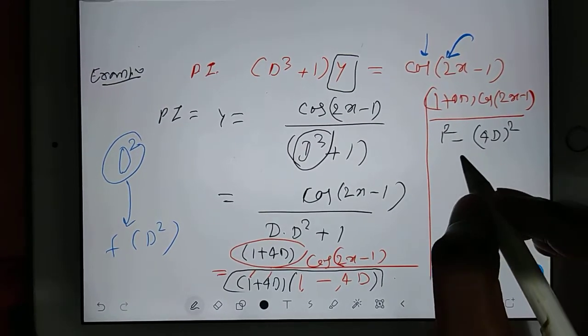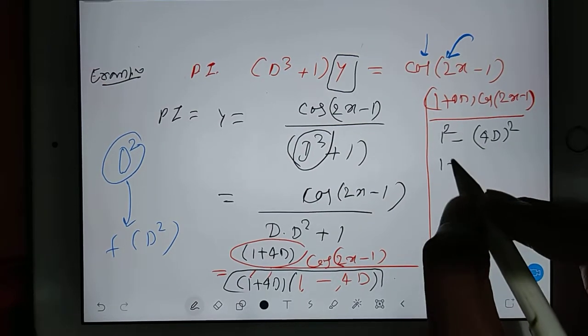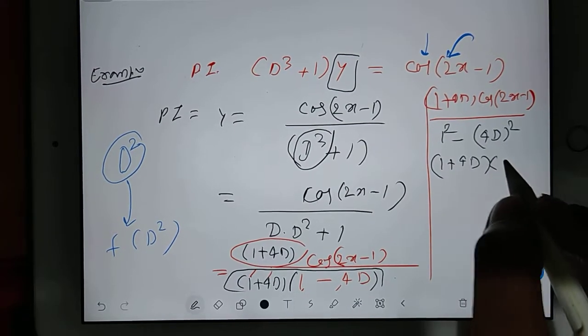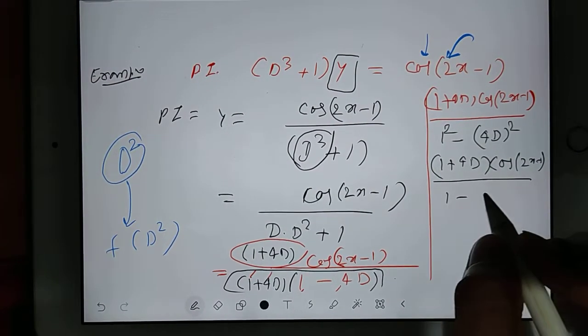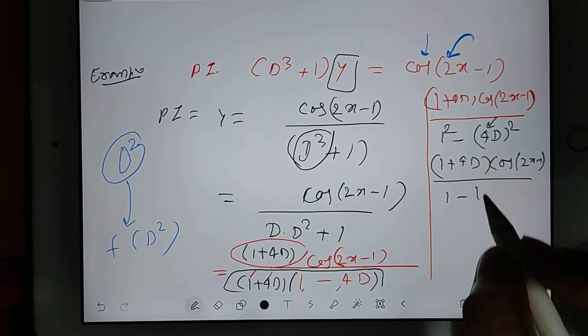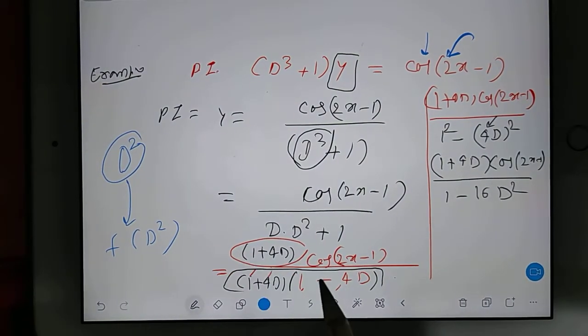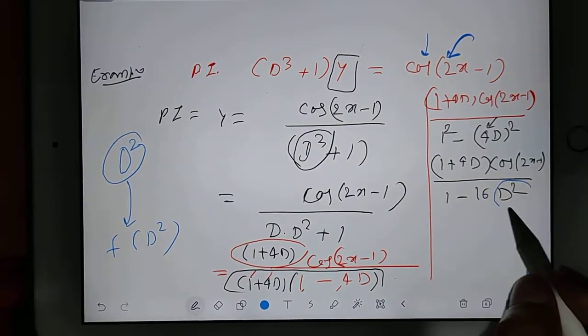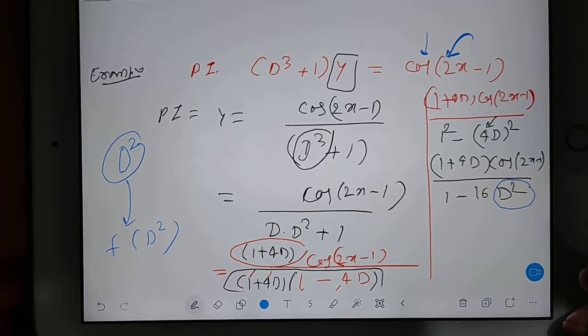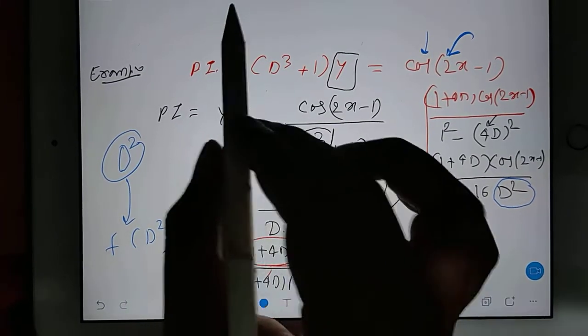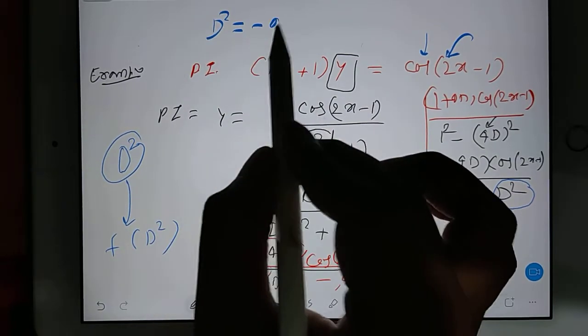So we are getting 1 plus 4d, I hope I am not making any mistake, cos 2x minus 1 whole divided by 1 minus, this 4 when you square, it will be 16 d square. Okay, again your logic says replace your d square with minus a square, right? d square with minus a square.